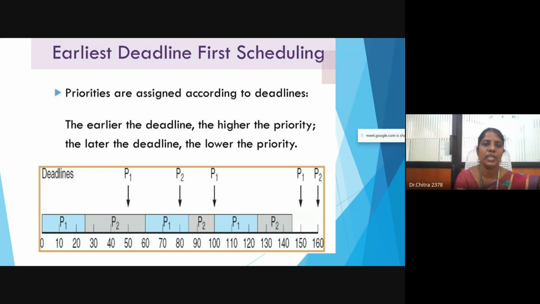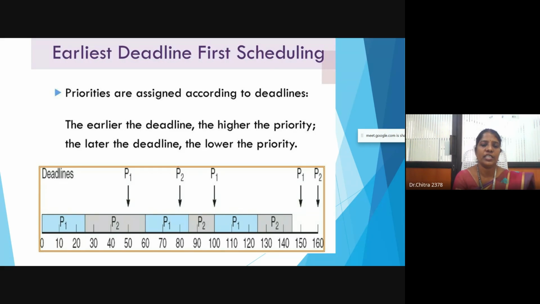The job should be executed before the deadline reaches. Only one condition here: no need to check the periods and all. Instead, at each period the job execution is started, but as long as it is before the deadline, it can execute anywhere. That's the concept of earliest deadline first scheduling.